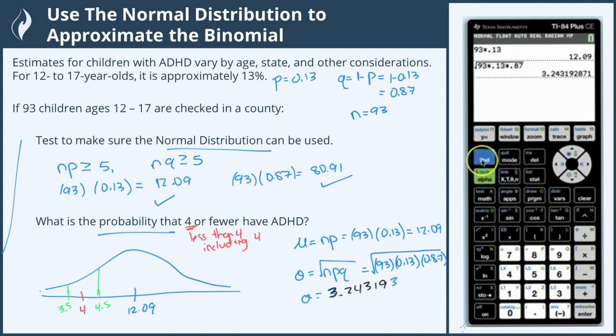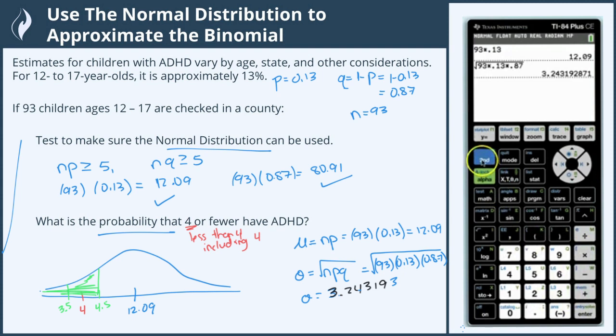But do I use 3.5 and find the area to the left of that, or do I use 4.5 and find the area to the left of that? I'm including 4, which means when I find my area, I have to include 4 in it. So I'm going to find the area to the left of 4.5. So what is the probability? Find the area to the left of 4.5 for the binomial case.